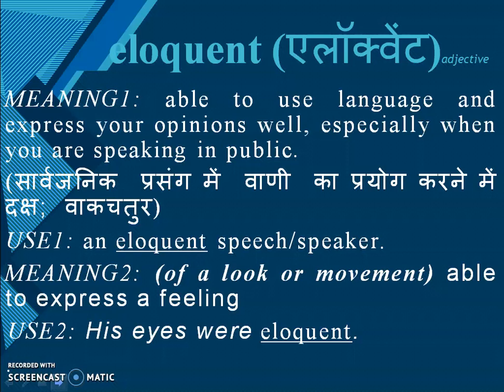So here first use: an eloquent speech or an eloquent speaker, that is very good in public speaking. Okay, there is another meaning of eloquent, of a look or movement able to express a feeling. His eyes were eloquent.